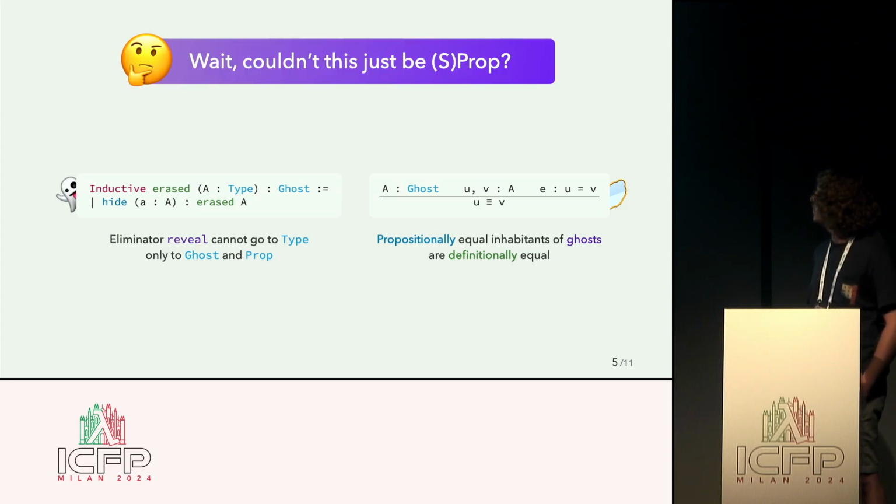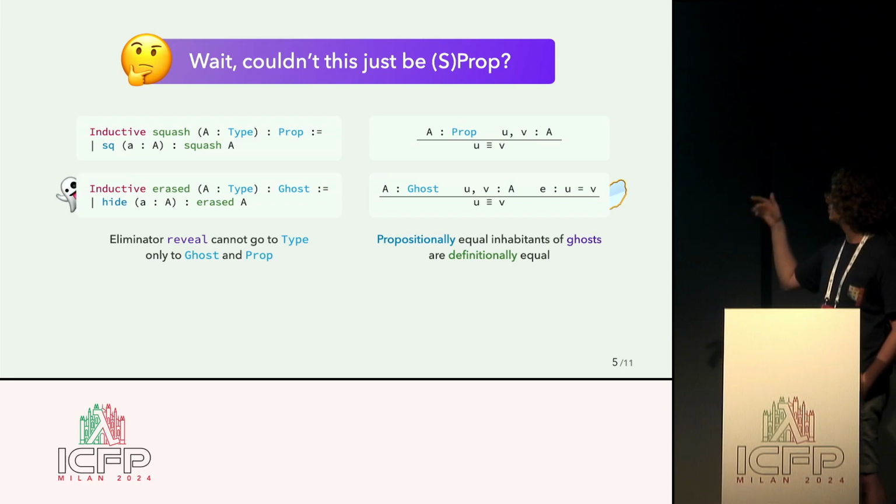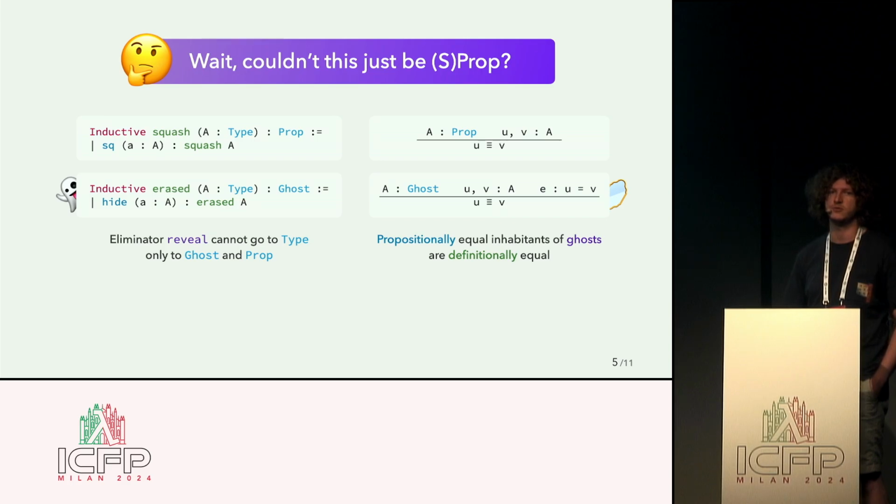Maybe one thing you could ask is, couldn't it just be propositions, right? After all, you have squash, which plays almost the same role as erased. Instead of going from type to ghost, you go from type to prop. And you have something even better than equality reflection. You just say that every proof is equal to every other proof.